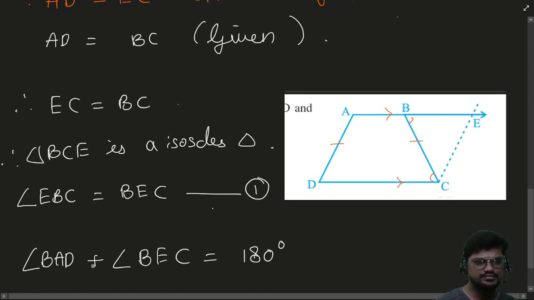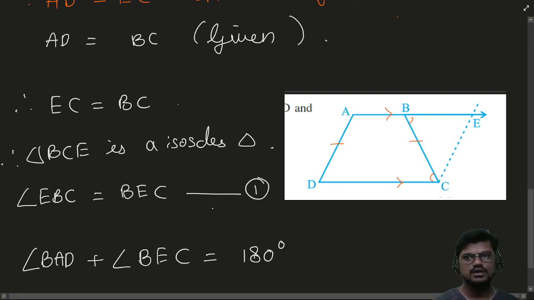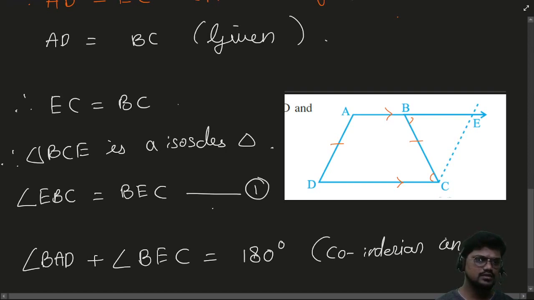What is the reason? Sir, these adjacent angles are supplementary. Co-interior angles of a parallelogram are supplementary.